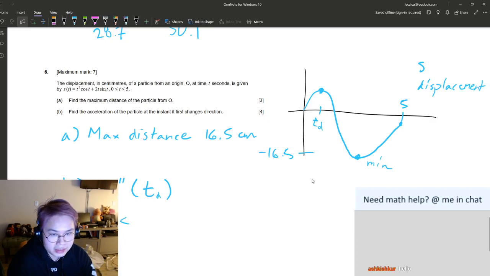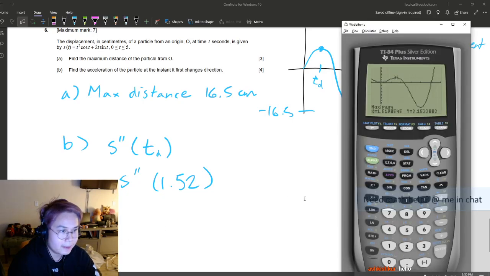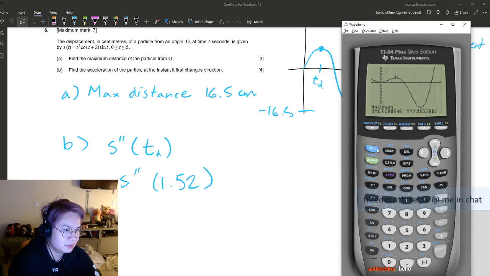So I need to plug 1.52 into the second derivative. And there's a couple ways you can do this. You can, of course, try to take the second derivative and find the function itself. I believe your calculator can do this for you. Now, I know it can do first derivative for sure, but maybe not second derivative.